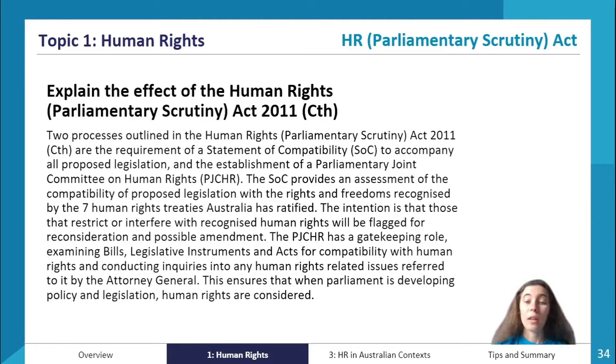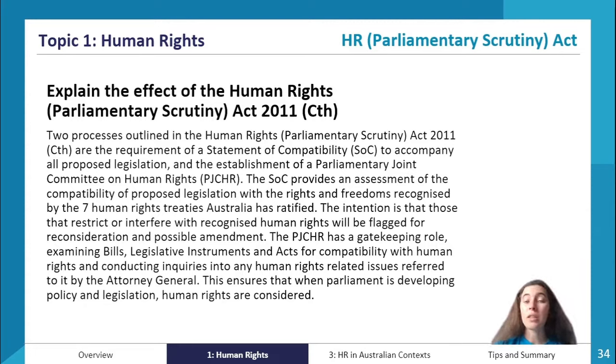And then the PJCHR has a gatekeeping role. So this is the Parliamentary Joint Committee on Human Rights. It has to examine bills, legislative instruments, and acts to look at the compatibility with human rights. And it also conducts inquiries into any human rights related issues that the Attorney General refers to it.